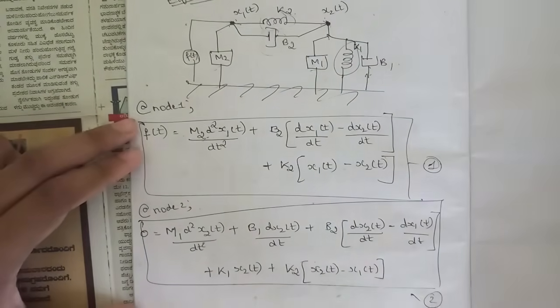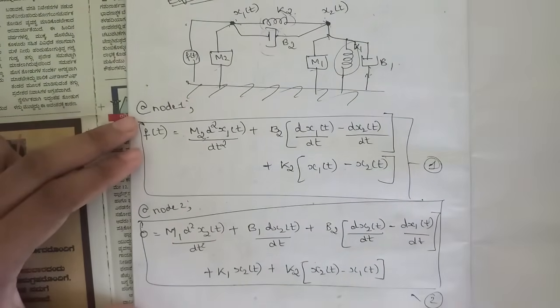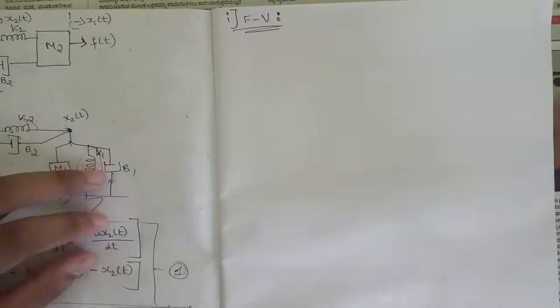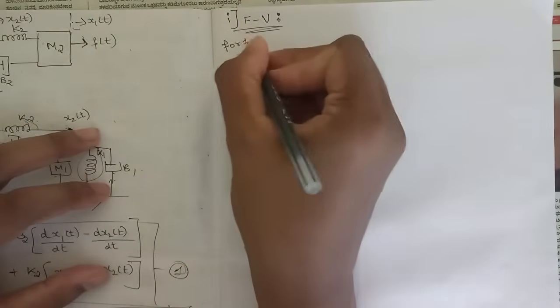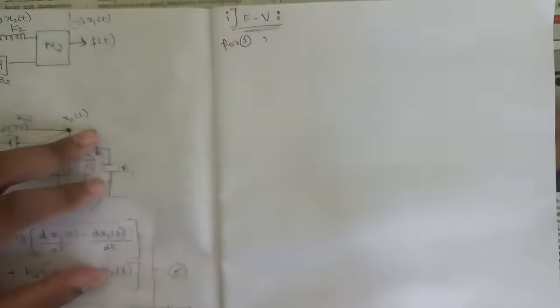Using these two equations, we are going to solve for FV analogy as well as FI analogy. First let's solve for FV analogy. Consider equation 1, and apply the FV analogy.